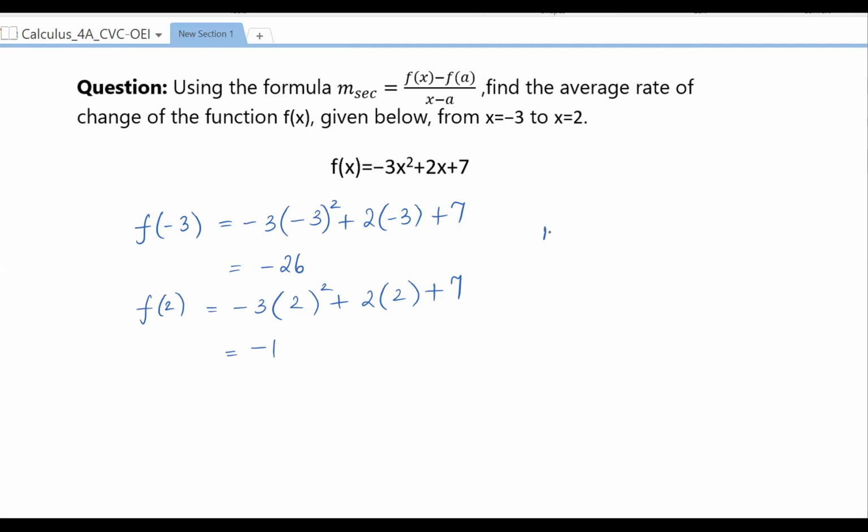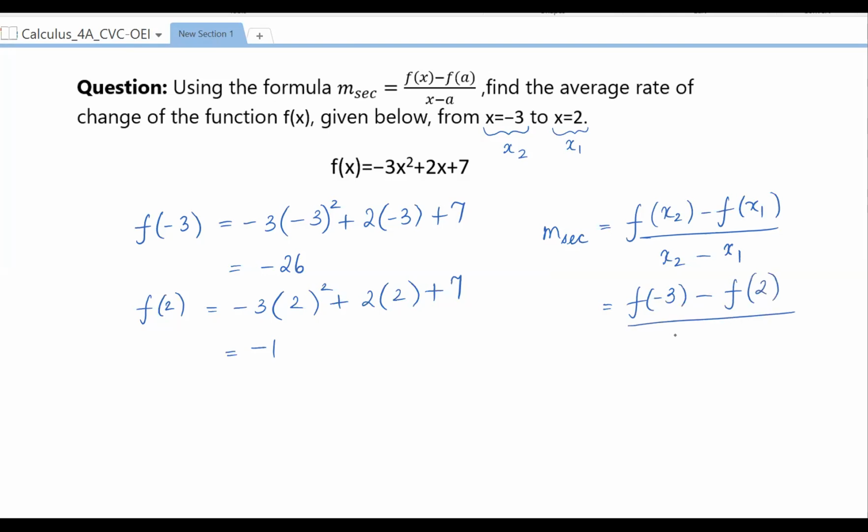For variety, I'm trying to show you that if I chose, let's say here, this as x2 and this as x1, there is no problem if you move them around like that. Right? So then that will be f of negative 3 minus f of 2 over negative 3 minus 2. Yeah?